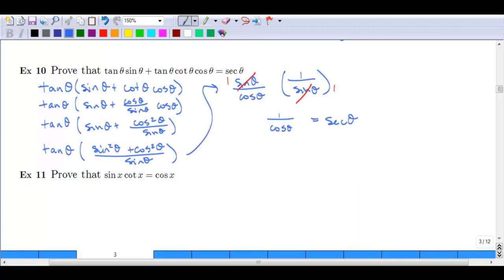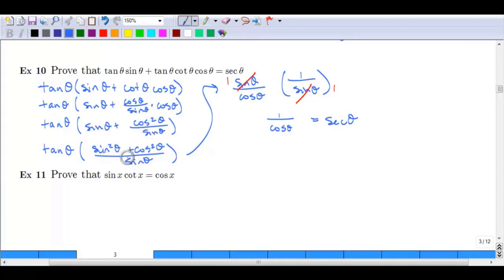So if you look here at example 10, and again you can probably do this in fewer steps than I have listed here, but I was just trying to show all the steps. We factored the tangent out, replaced cotangent with cosine over sine, simplified that into one fraction in the next step, then simplified this whole inside into one fraction by finding a common denominator.